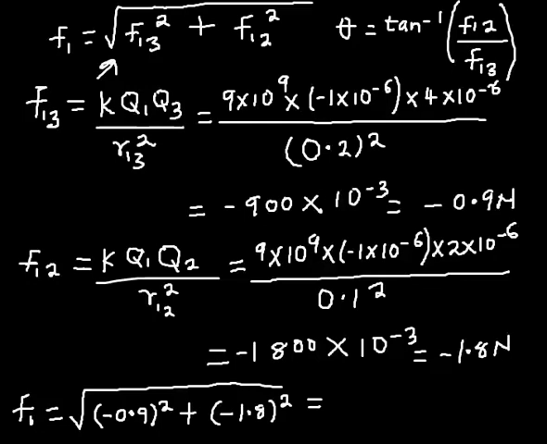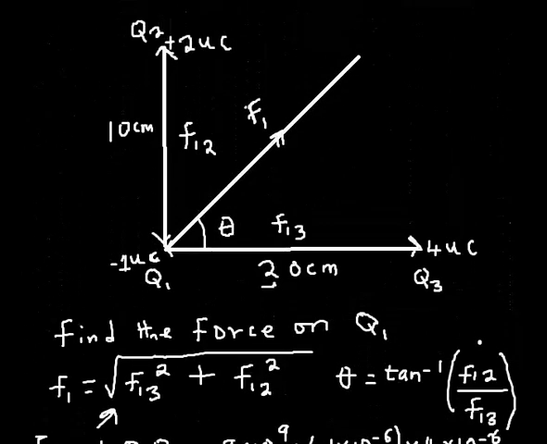What do we have? 4.05. So I have approximately 4.05. Square root of 4.05, and when you find the square root, you will have 2 Newton approximately as the resultant force acting on Q1.